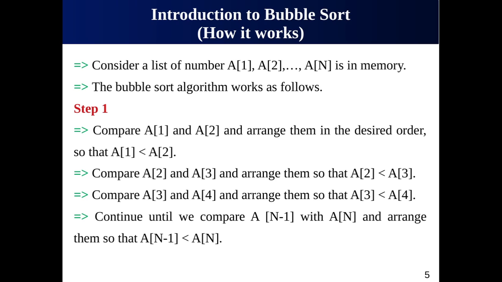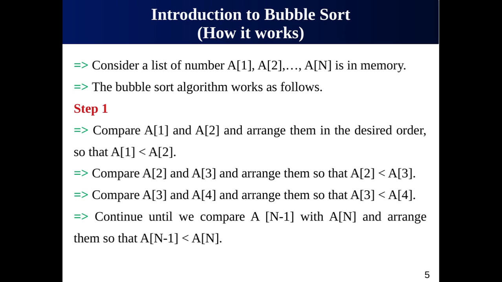So during comparison, if you find that a2 is greater than a3, then you have to swap them, because the order required is that a2 must be less than a3, and that is only possible after swapping them. So first you compare the first two adjacent elements and then the next two adjacent elements, that is a2 and a3, and then carry on.